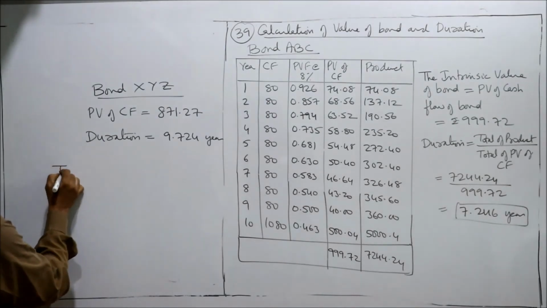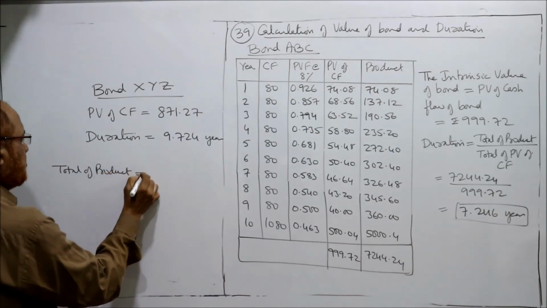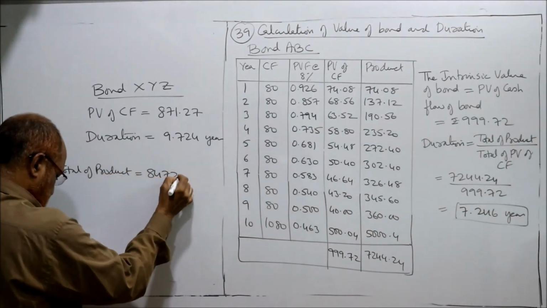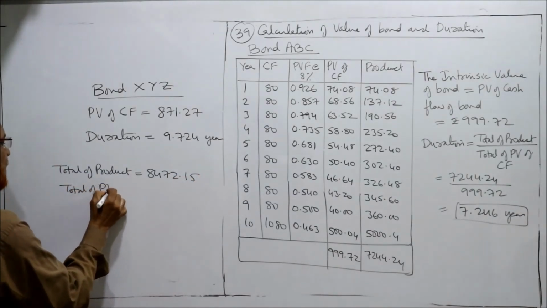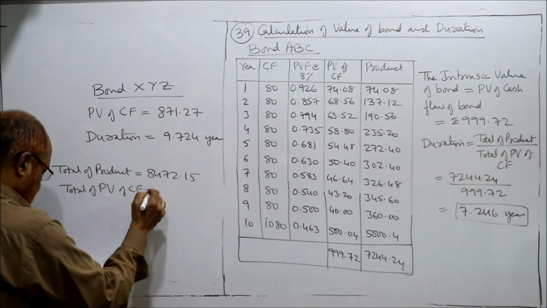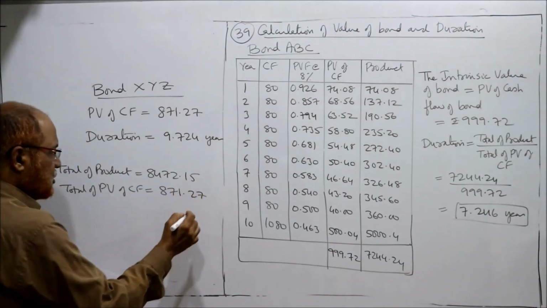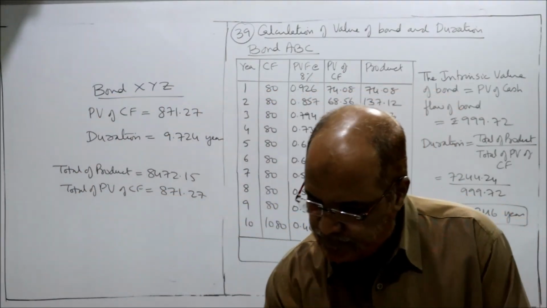The total of product is 8472.15 and total of PV of cash flow is 871.27. Copy down this answer and verify yourself.